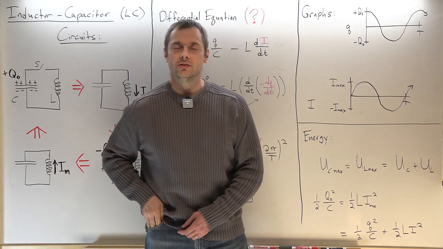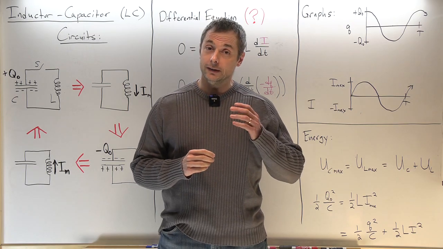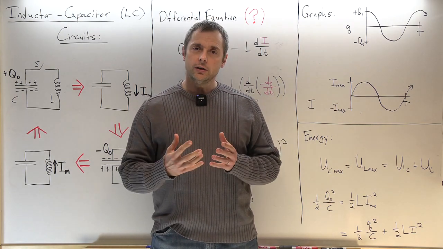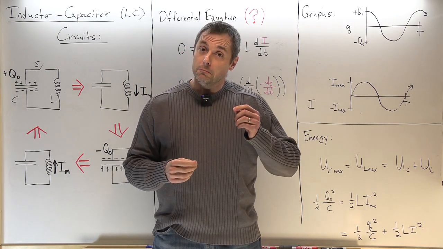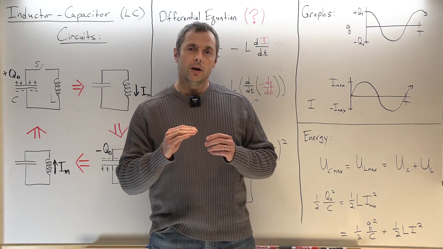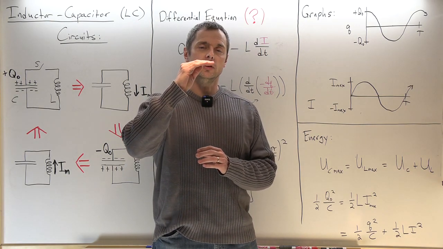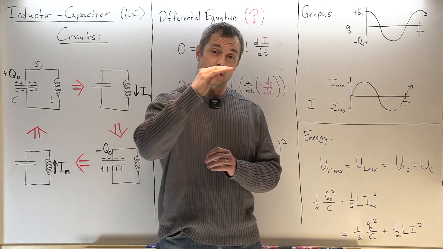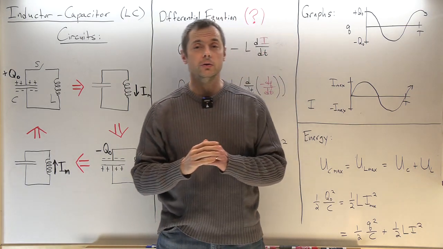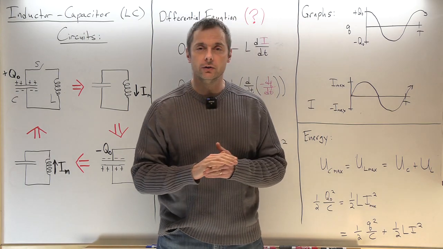Hello physics students. In the last few videos, you learned how inductors affect electric circuits. Inductors act like inertia, but for current. What that means is that when you turn a circuit on, rather than the current jumping almost instantaneously up to its value and then continuing on at a constant value, the current gradually increases up to that value.